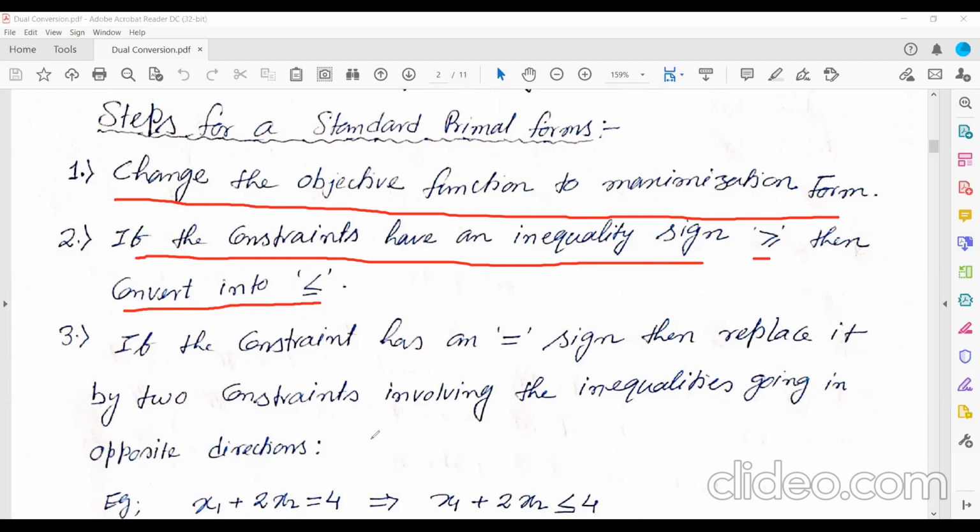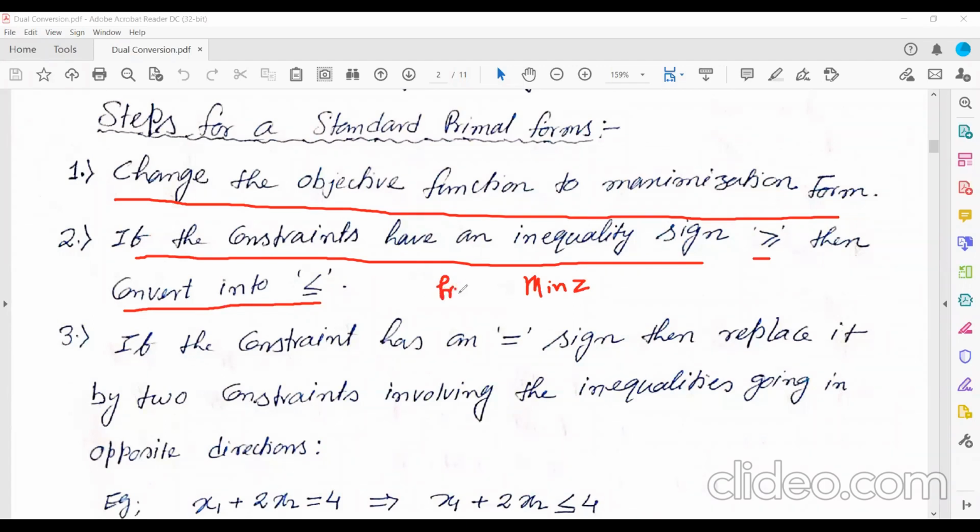So try to understand here. If your problem is a minimization, the original problem, that is the primal.